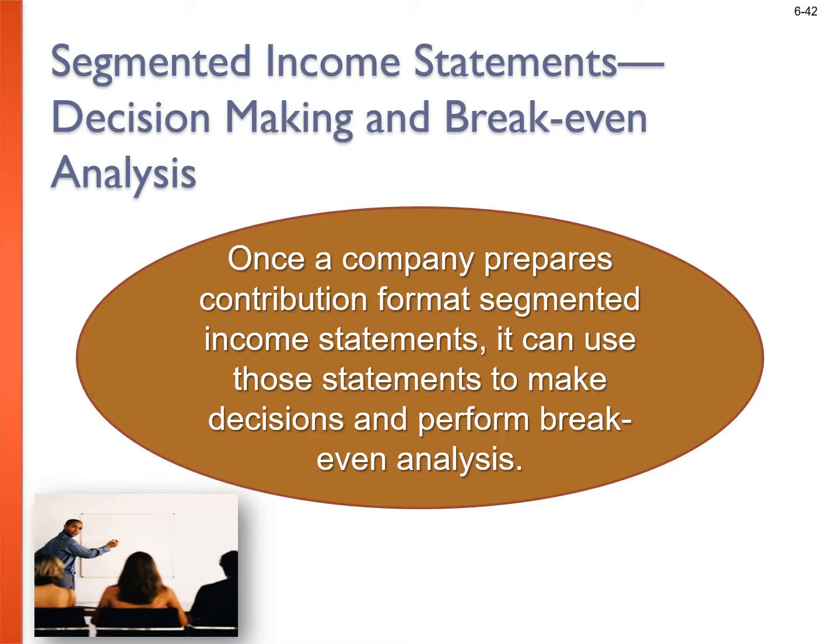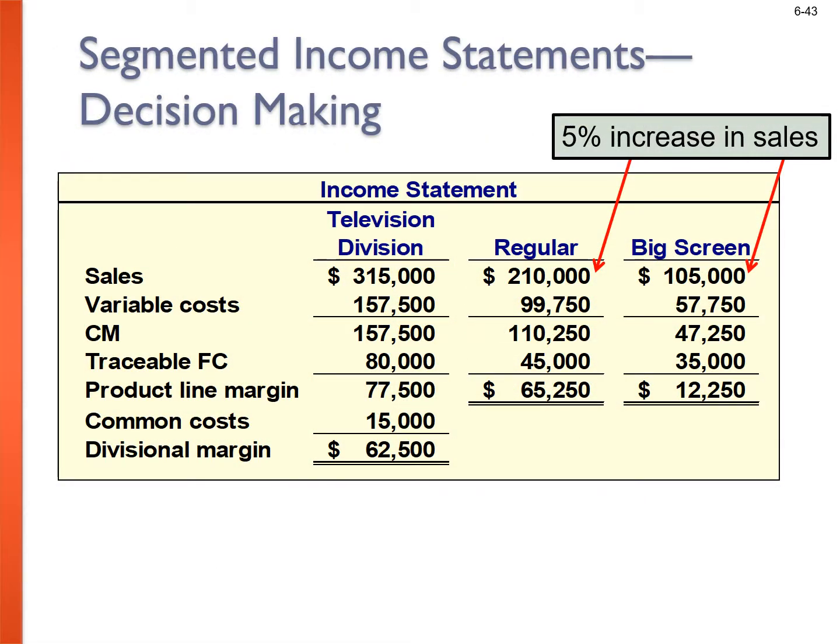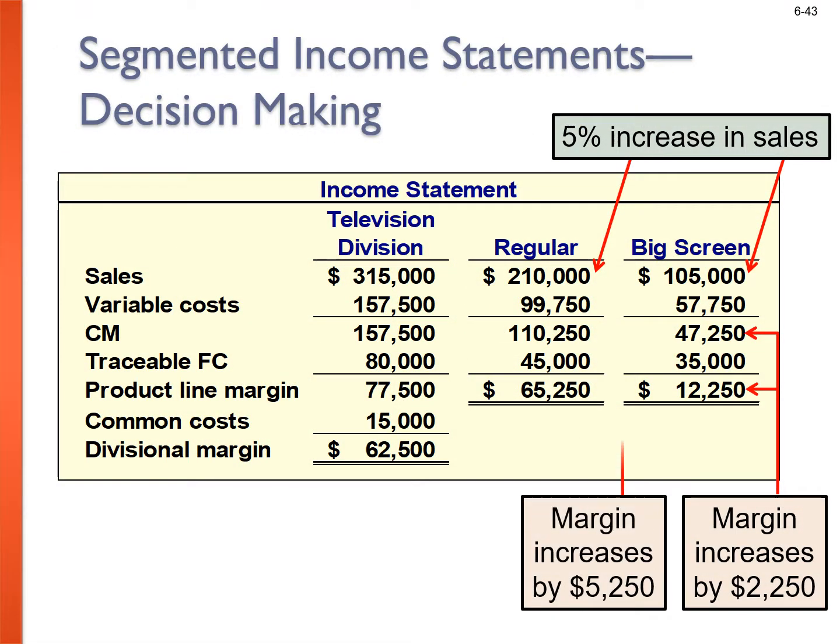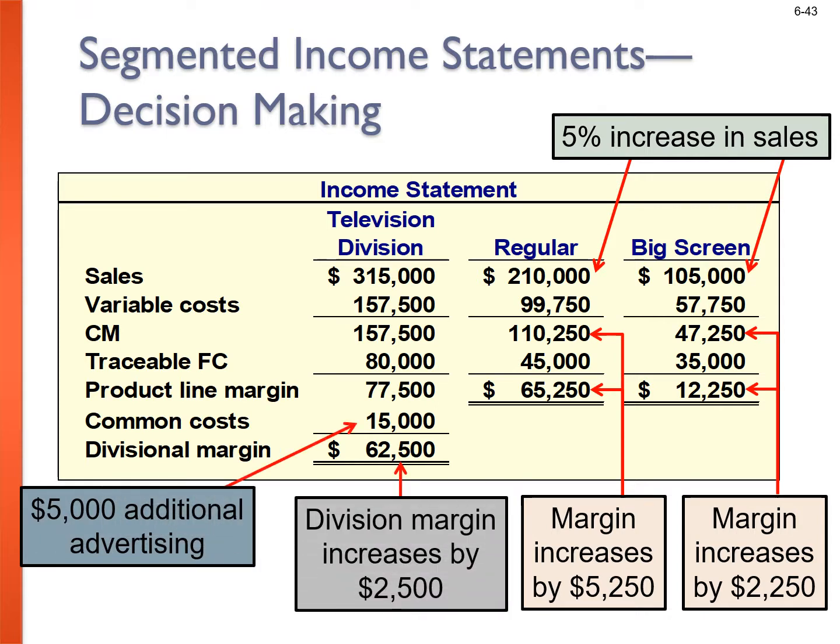So once a company prepares a contribution format segmented income statement, it could use those statements to make those decisions and now start using break-even analysis. Let's take a look. In here, we have a 5% increase in sales to 315,000, and there's how it's broken down. Regular and big screen both increase.